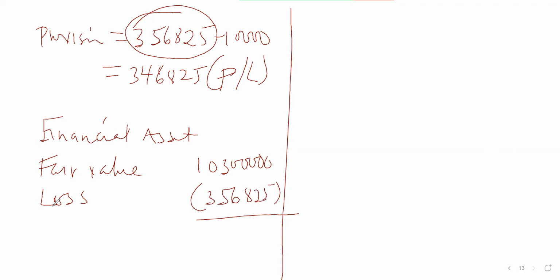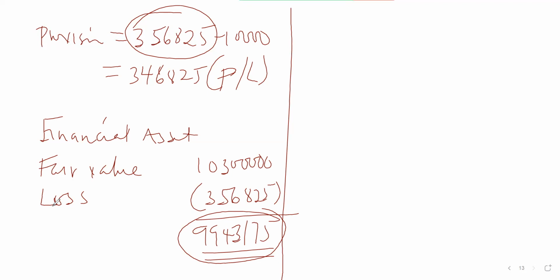What are you getting? 9,943,175. So this is the amount that will be shown in the statement of financial position for 2023.